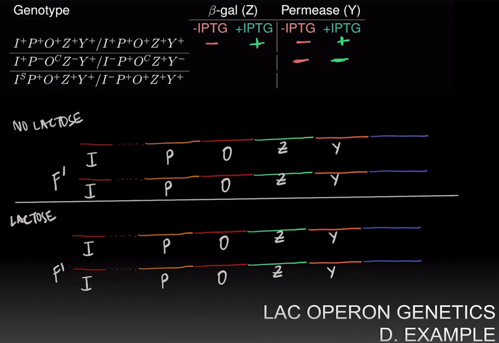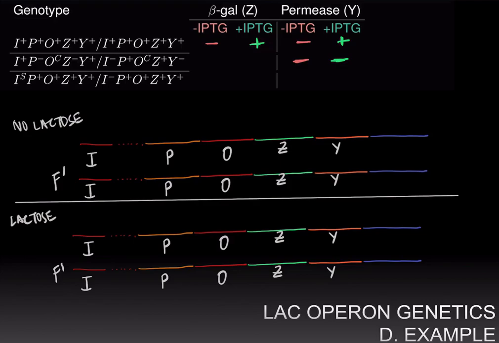Since the first allele is Z minus, to look at the expression of beta gal, we only need to look at the second allele. Now, this one has a functional promoter, but it does have an OC mutant which is constitutive, and OC is constitutive because it doesn't allow the repressor to bind, whether there is lactose or whether there isn't any lactose in the cell.